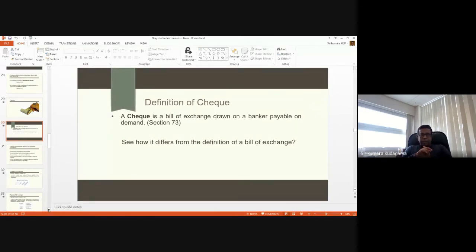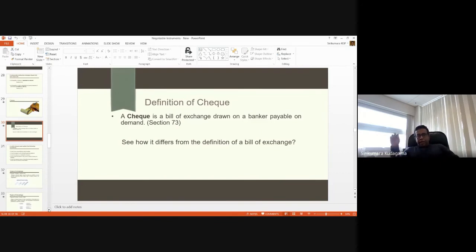It said a bill of exchange is an unconditional order in writing addressed by one person to another, signed by the person giving it, and requiring the person to whom it is drawn to pay on demand or at a fixed or determinable future time a sum certain in money to or to the order of a specified person or to a bearer. That was the definition in section 3.